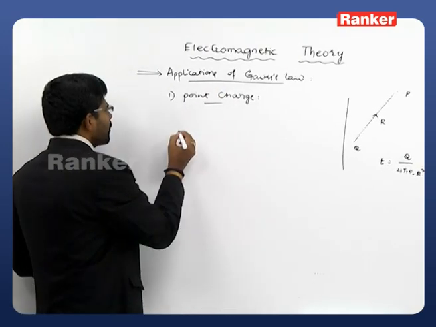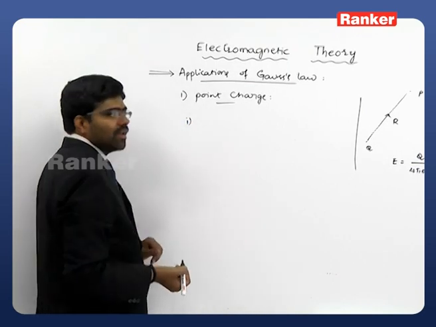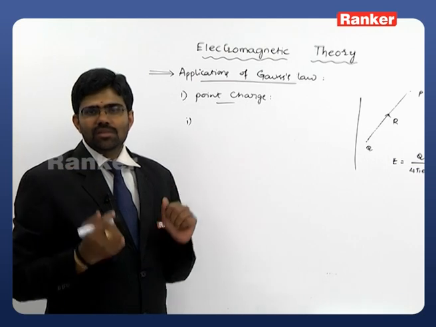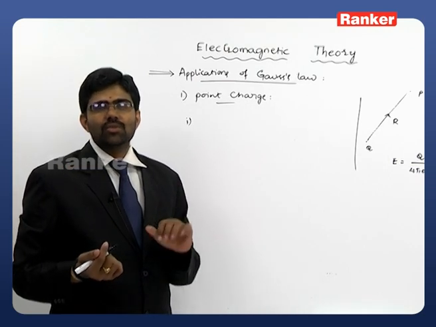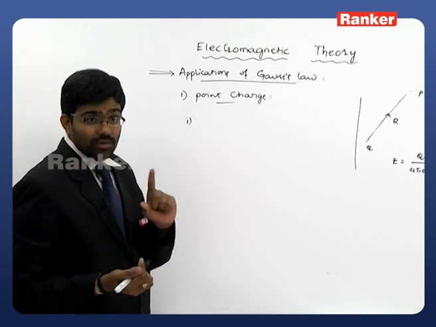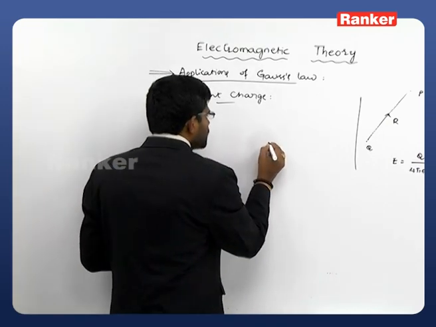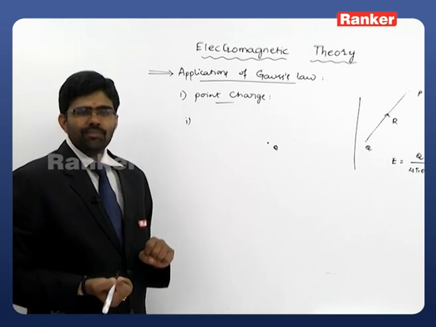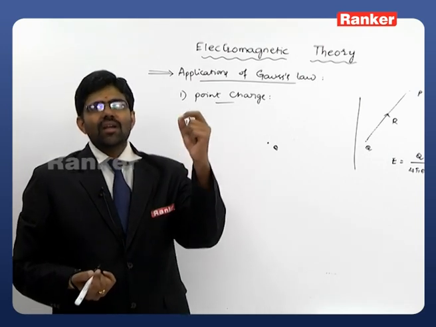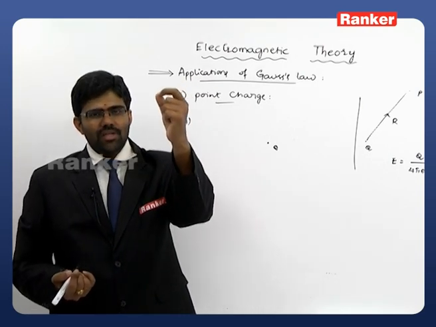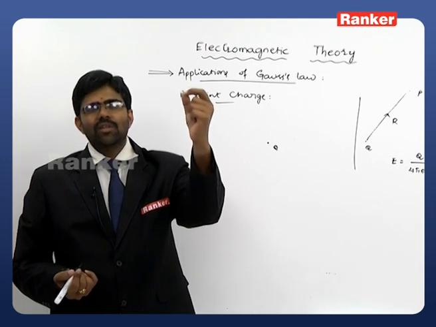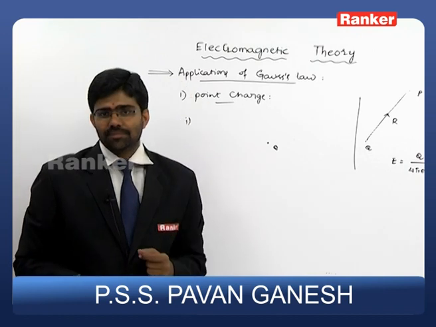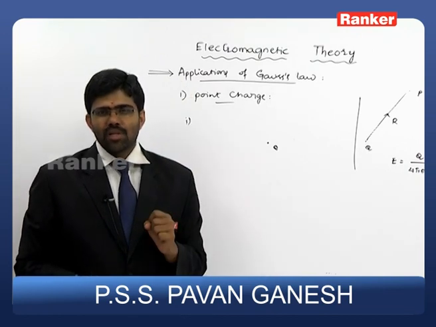Now the first step is to form a Gaussian surface. That Gaussian surface must be a symmetric Gaussian surface on which the electric field intensity is uniformly distributed around the charge. Let us take this is the point charge Q we have. Around the positive charge, at every point in space, the electric field must be uniformly distributed and we require a symmetric surface. Imagination plays a very important role.